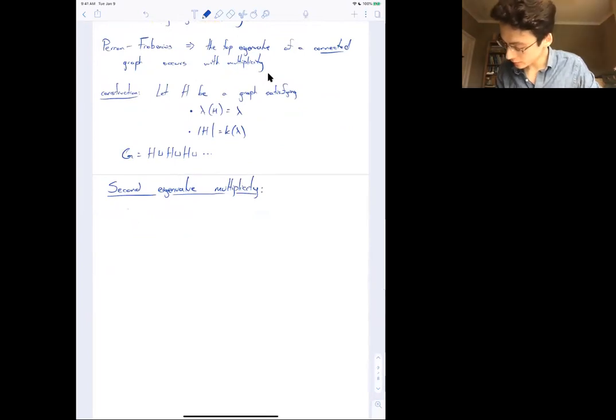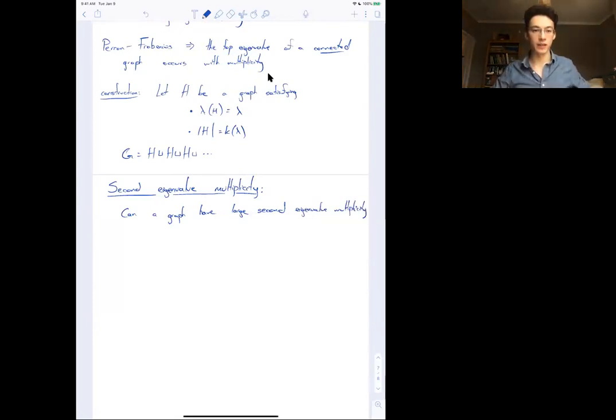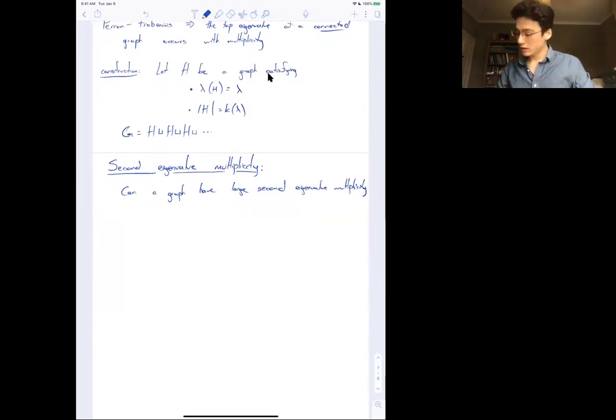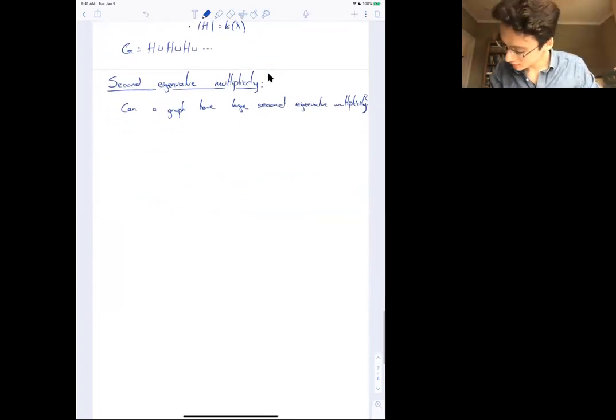Just a question to start off. Can a graph have large second eigenvalue multiplicity? By this I just mean the multiplicity of the second largest eigenvalue of the adjacency matrix. And the answer is yes. Let me give you a handful of examples.